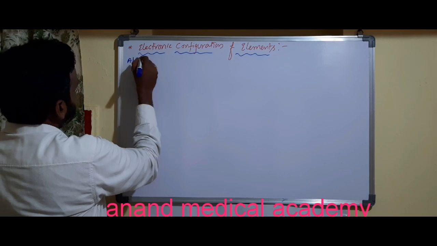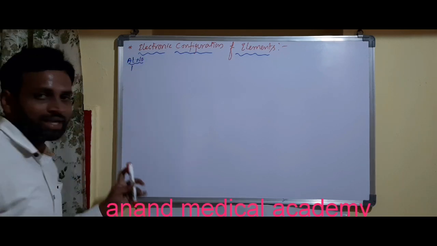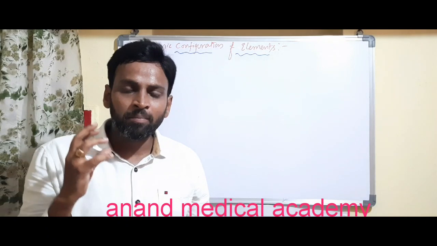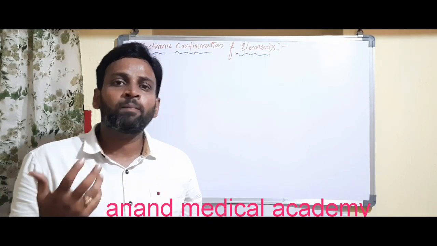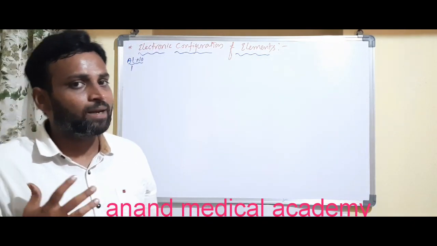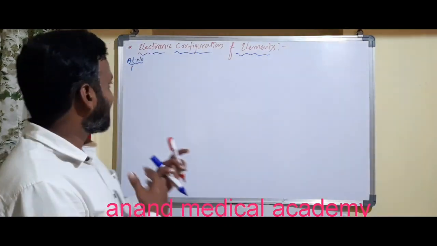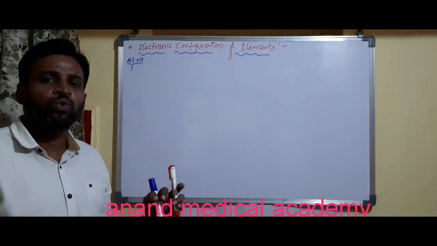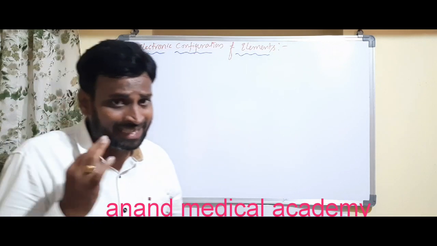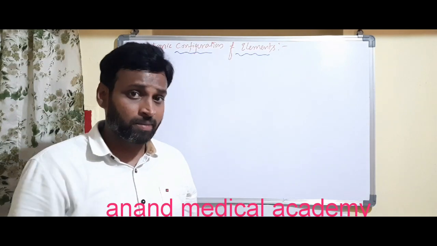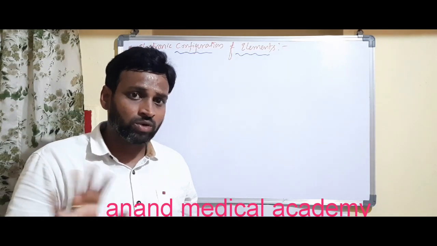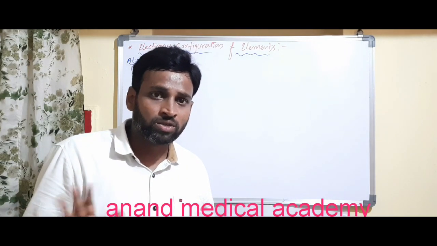Atomic number is only the serial number. Atomic number is nothing but the number of electrons or number of protons present in an element. So atomic number gives you how many electrons are present in an atom. Neutral atom I am talking about.